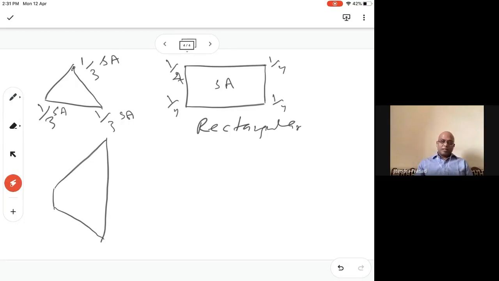This is because if you assume everything is at the centroid, then the centroid will be somewhere here.